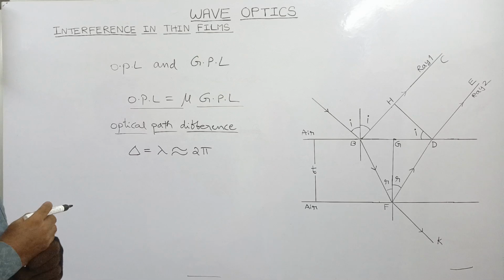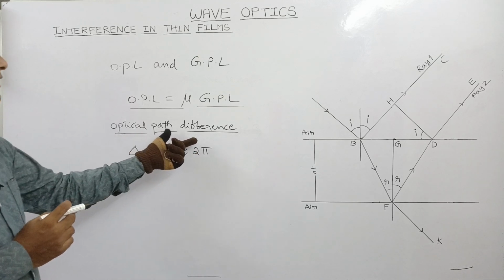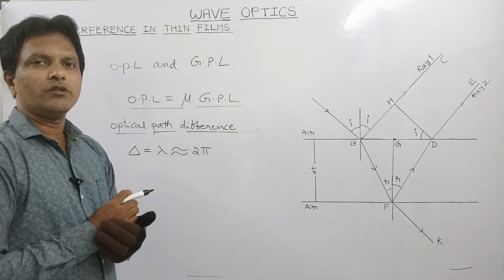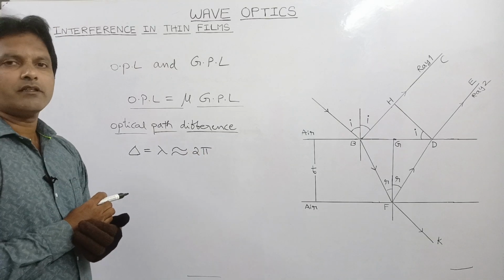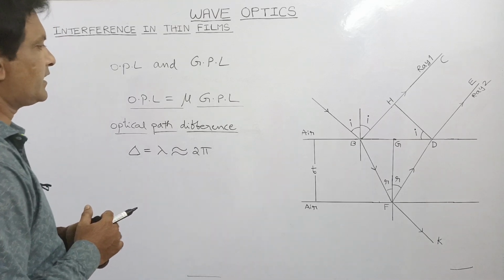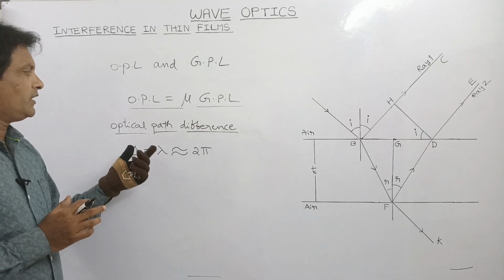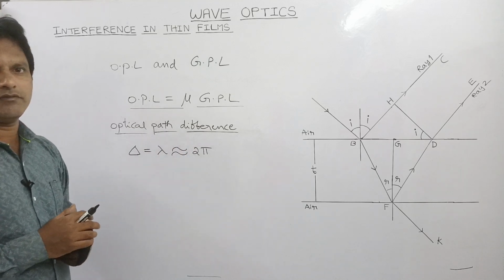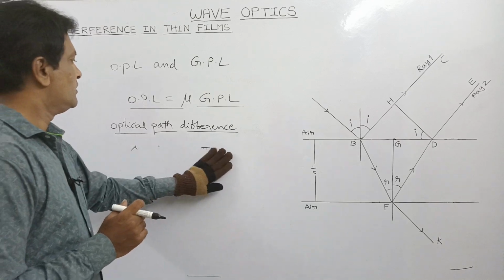In this way we get the phase difference from the path difference between the two rays. The two rays come from a single ray, but they are refracted in the second medium, so they travel in two different paths and have an optical path difference because they travel from one medium to another.